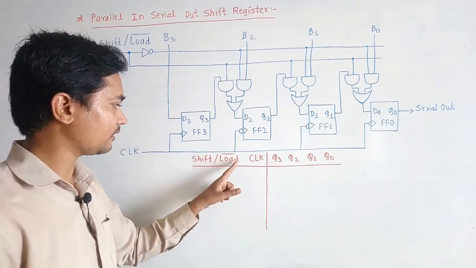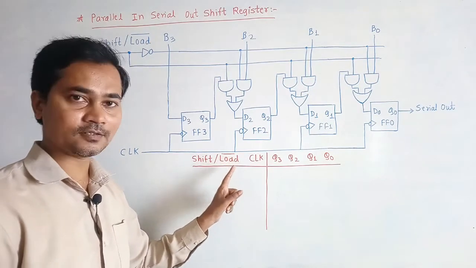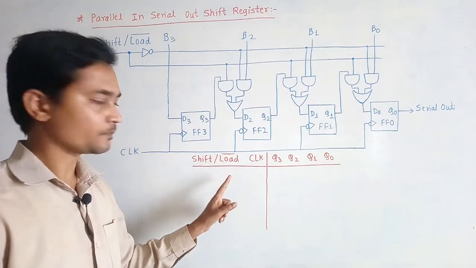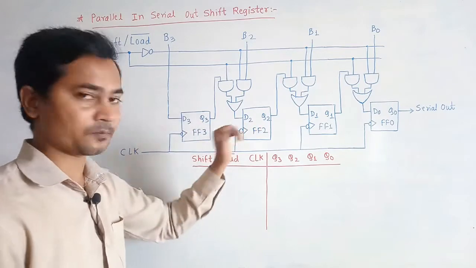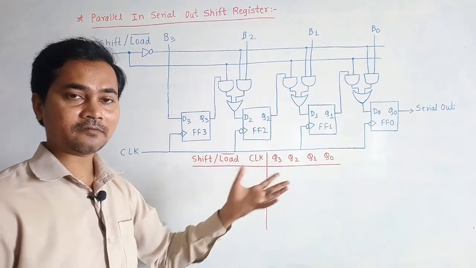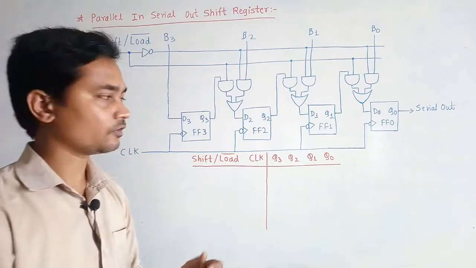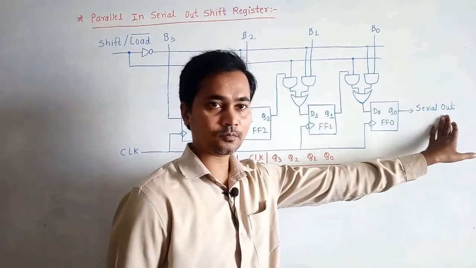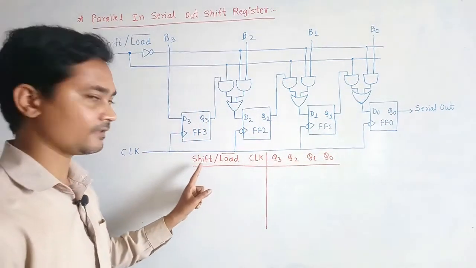The load bar signal is an active low signal, so we have to make this signal 0, and only then will the loading be done at the inputs of the flip-flops. After that, whenever we want to shift the data towards the right side to get the data at the serial out pin, only then do we enable the shift signal.